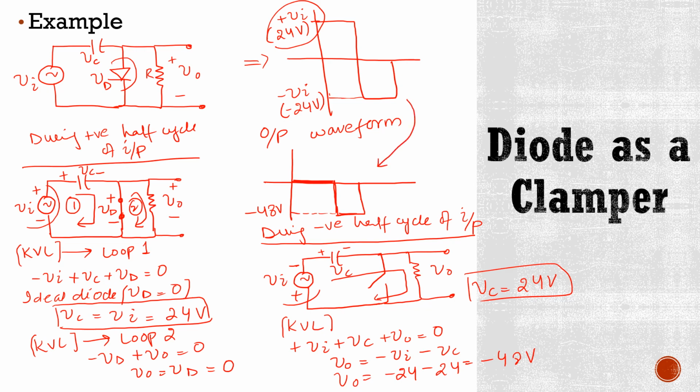So it is an example of a negative clamper circuit. Here the peak to peak amplitude of this input signal is 48 volts, and in this output waveform the peak to peak amplitude is also 48 volts. So this is your example of a negative clamper circuit.